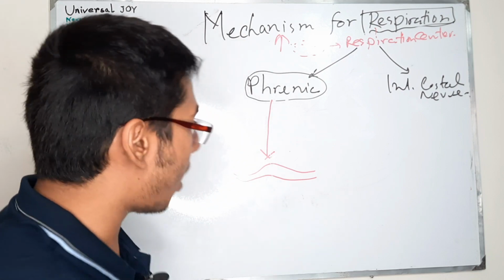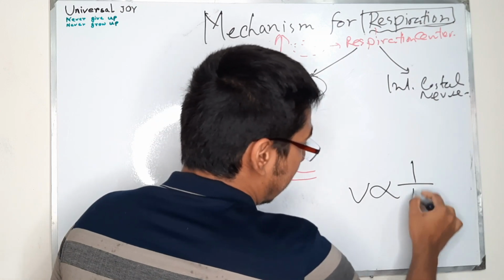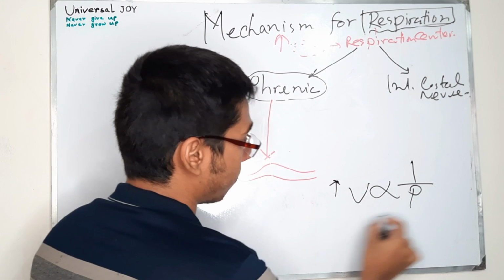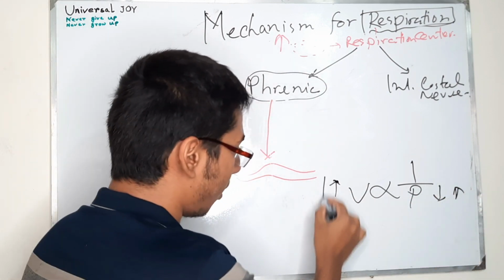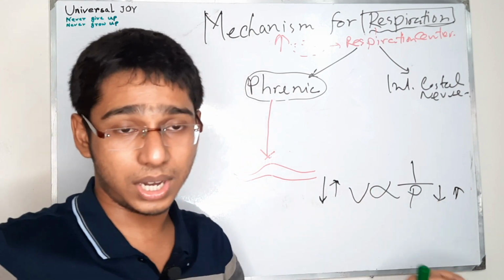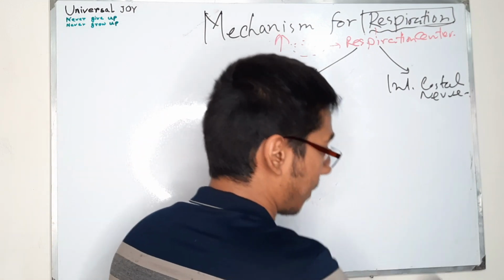And from Charles-Boyle's law, we have already come across that volume is always inversely proportional to pressure. So if volume is increased, pressure will be reduced. If pressure is increased, then volume will be reduced. They always have an inversely related relation. So the same phenomenon will be applied here.